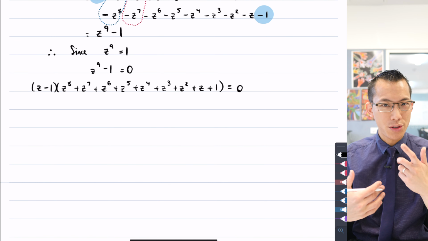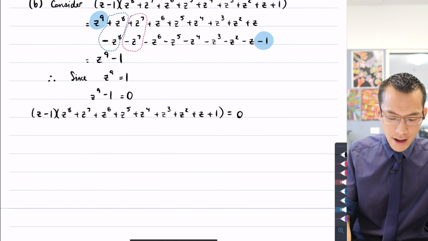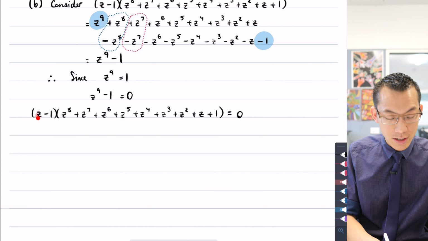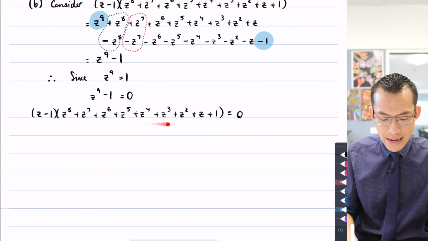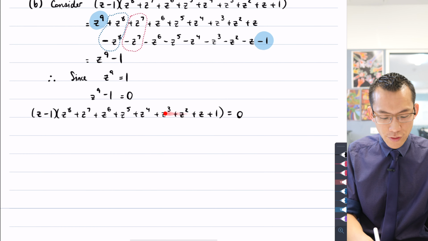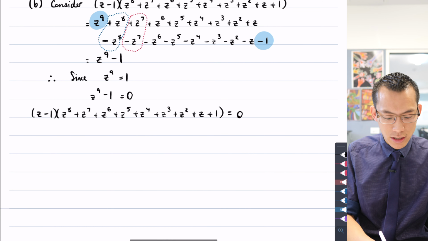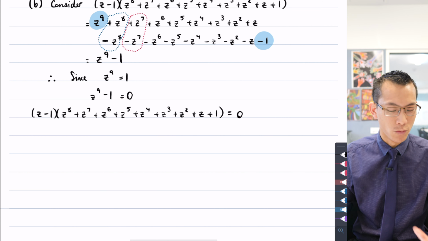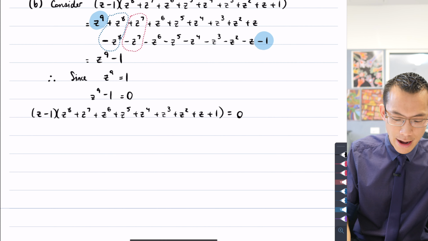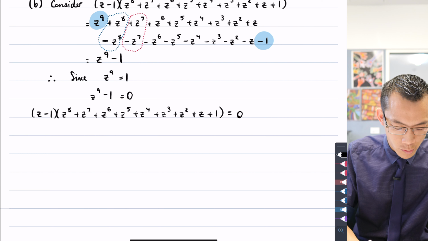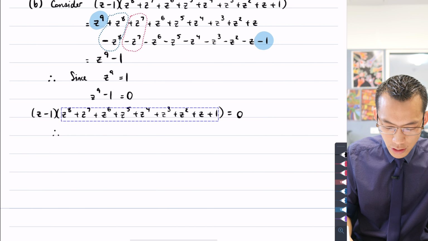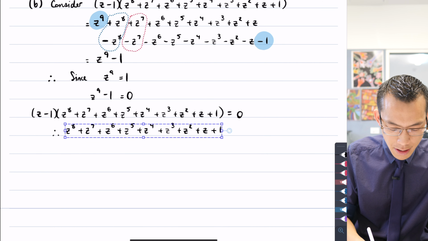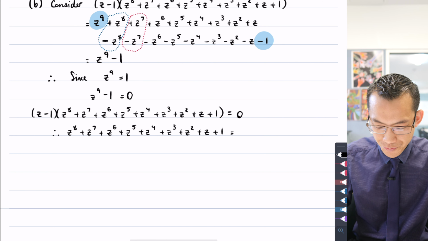So how do I go from this to the result I'm after? Well, I'm going to get a solution from z equals 1, but I'm also going to get a solution from this being equal to 0, right? If this is equal to 0, then the product of this factor and this factor will indeed be 0. So therefore, this guy over here can equal 0.